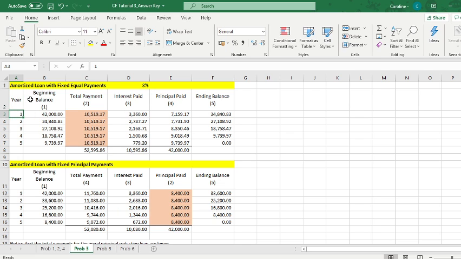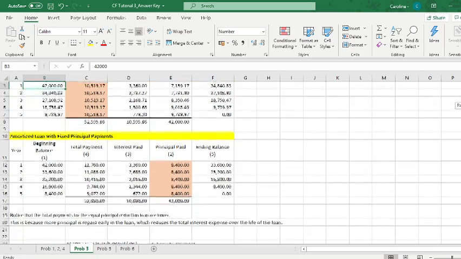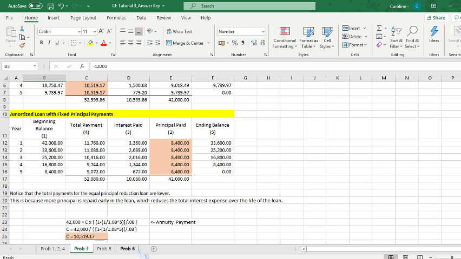For year 1, you begin with the beginning balance of $42,000, which basically means the amount of the loan that you borrow. Okay, and how do you find how much money you need to pay each year? You can use the formula of annuity payment. Why?